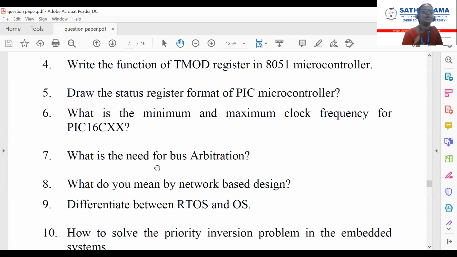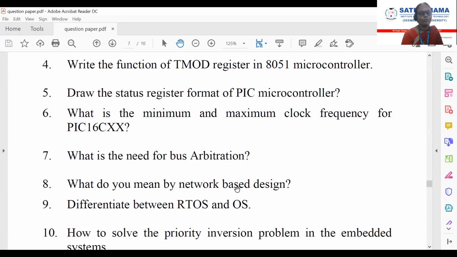Why it is needed will be decided by the bus arbitration. In CAN we use the bus arbitration technique. Which message has to be taken is decided by it. CAN has the bus arbitration logic, and many protocols have bus arbitration.